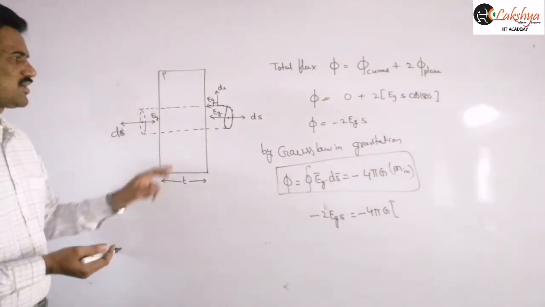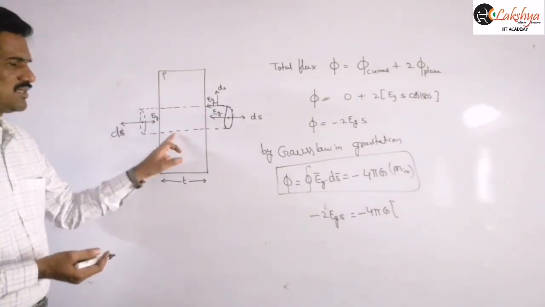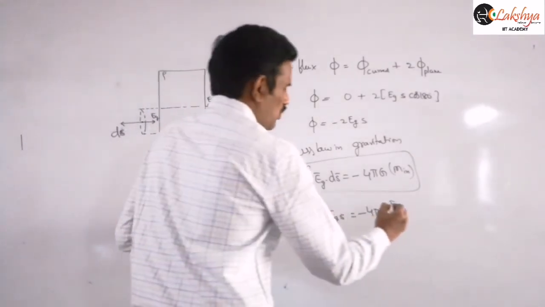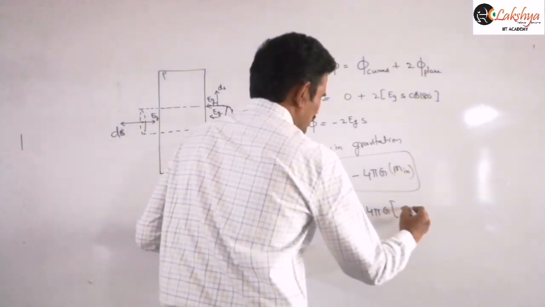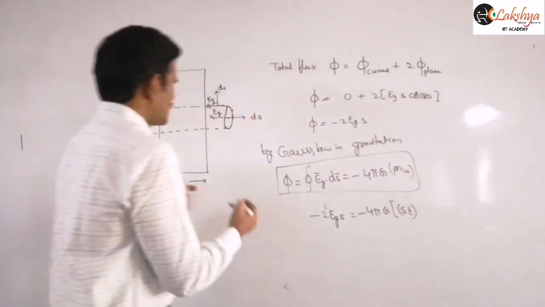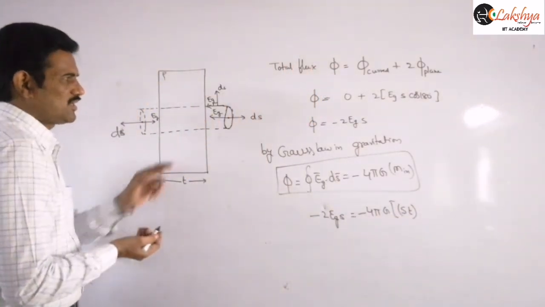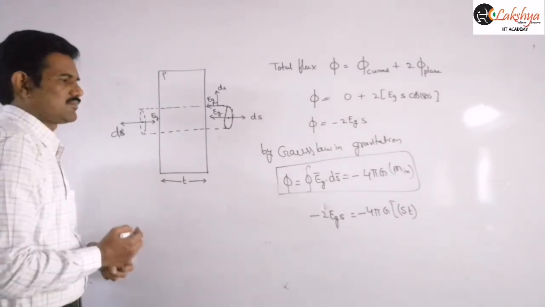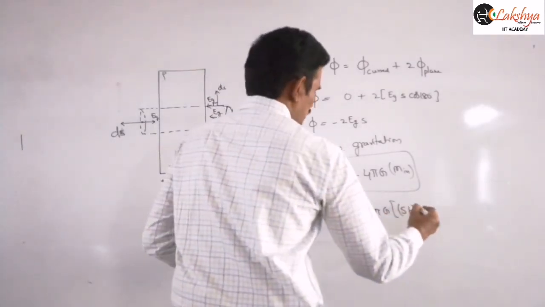The mass enclosed by the Gaussian surface is nothing but the mass present here, so I can write that as volume into density. The volume I can write as S into T, where S is the cross-sectional area of this plane surface and T is the thickness we are taking, so S into T into rho.